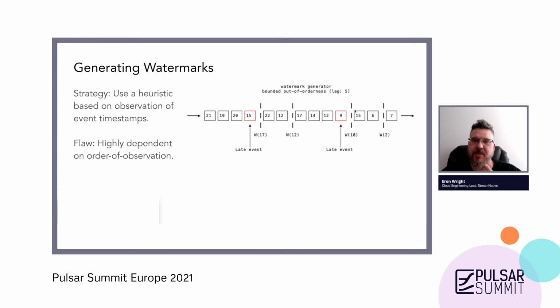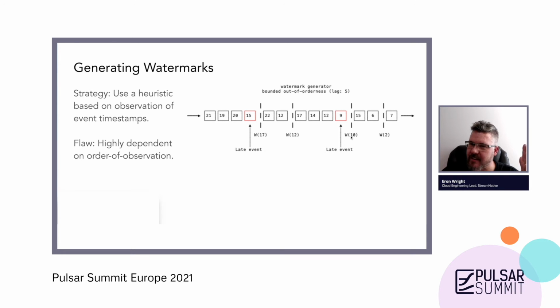As we observe more events, that is still true. When we encounter 15, well, now we think, oh, well, we won't see anything older than 10. And guess what? Event 9 shows up and it has to be considered late.